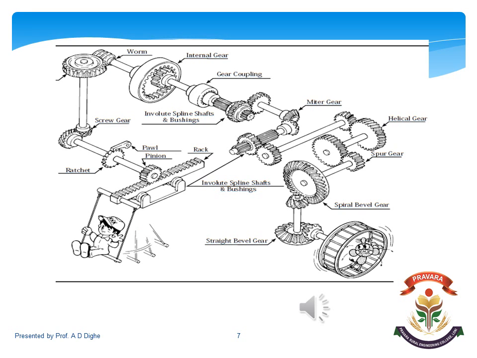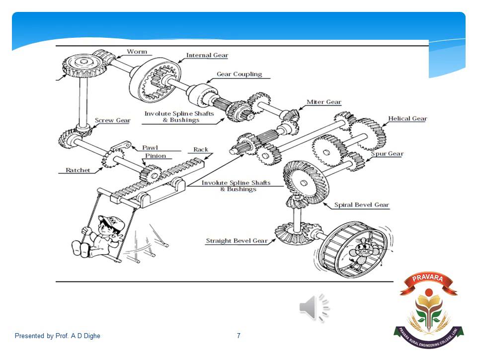Now in this single slide you can observe all the connections of all the types of gears which we have studied in the previous slides. Now if we start from the right side, there is a straight bevel gear. On the same shaft there is a connection of spiral bevel gear. The spiral bevel gear gets connected to the spur gear pair.